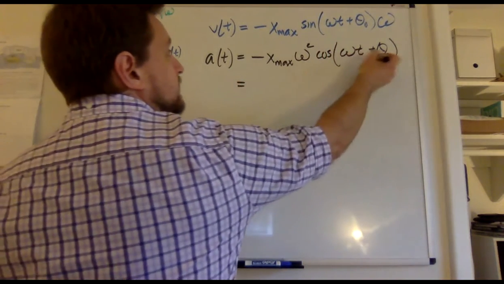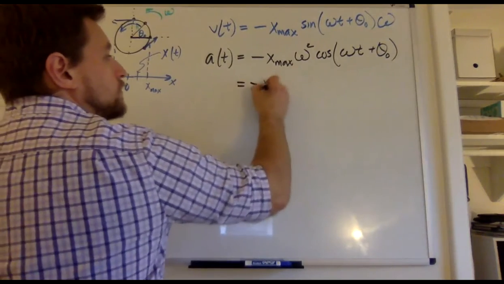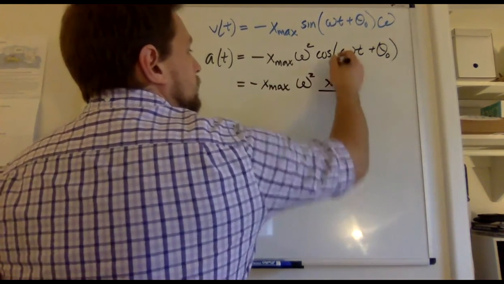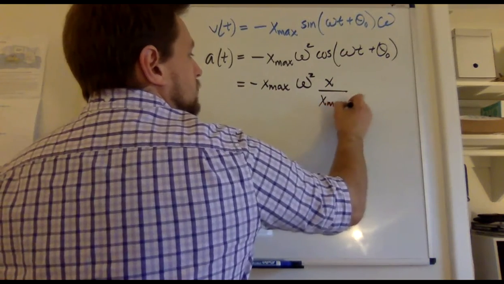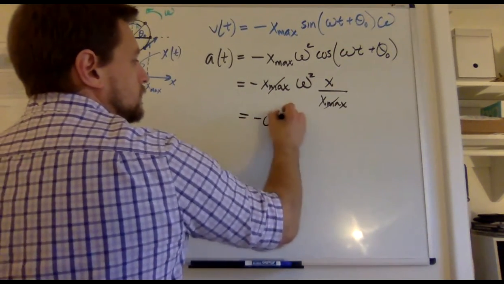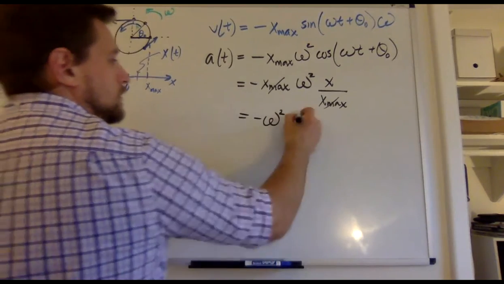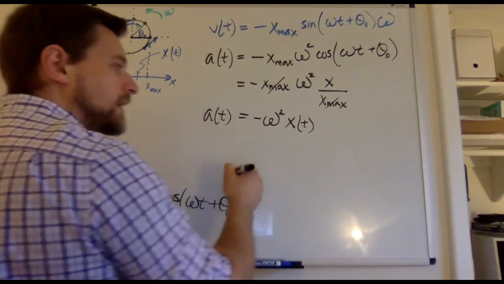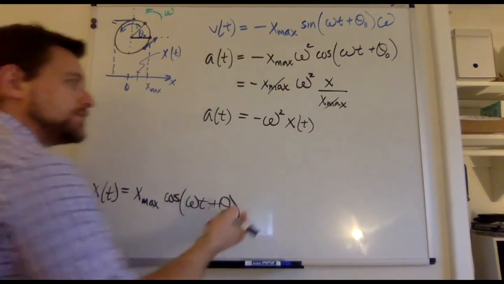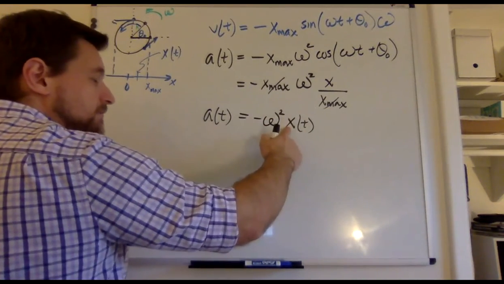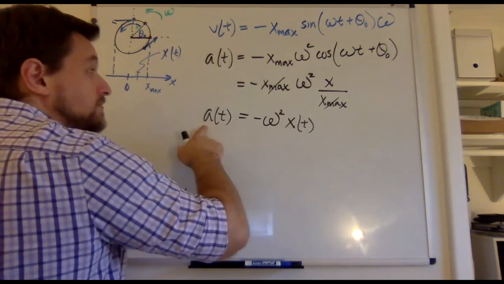Cosine of omega t plus theta 0, that's the x coordinate over the hypotenuse. But then we're basically back to Newton's second law, relating that differential equation, the position, to its own second derivative.